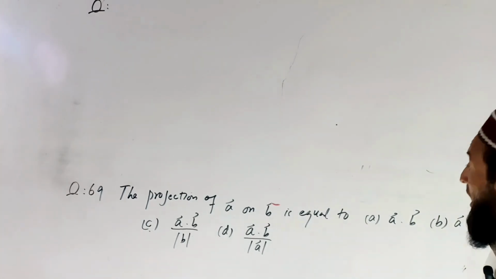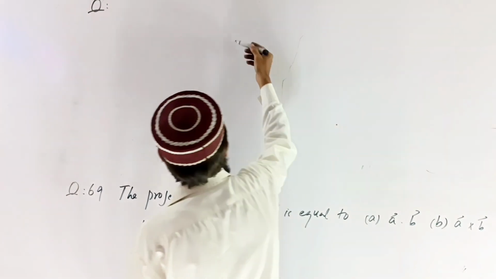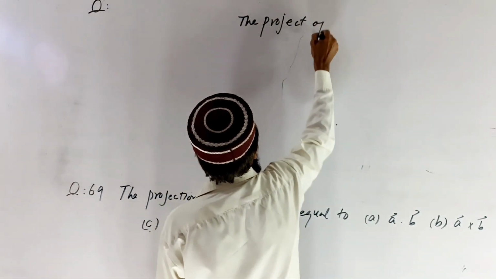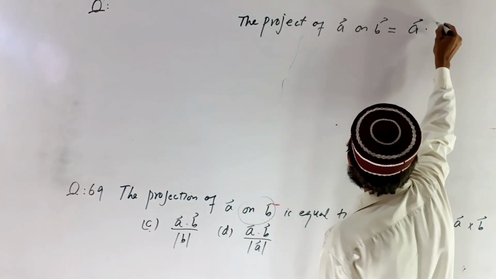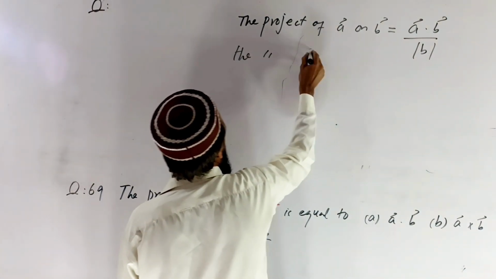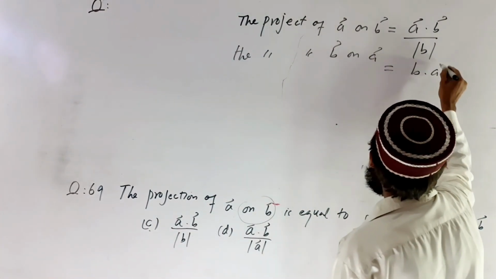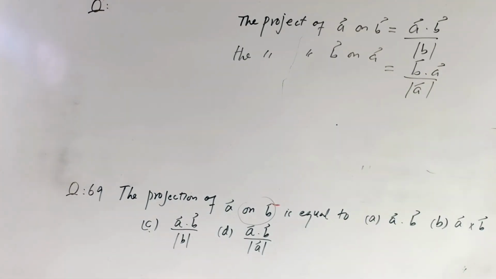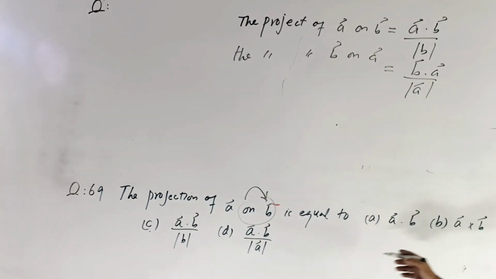Now the projection of a vector A on B. According to this definition, the projection of A on B is A dot B over the magnitude of B, and the projection of B on A is B dot A over the magnitude of A. Here it is given that the projection of A on B, so we check the answer.